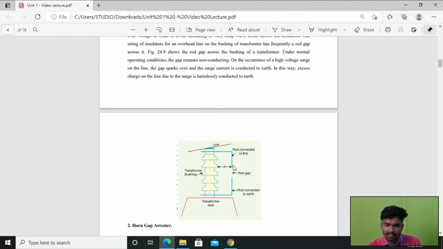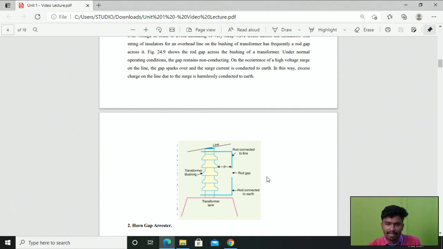These extra surges will create the spark over between these two rods, so the rod gap will conduct. The spark over is created, and the surge current is conducted to the earth.